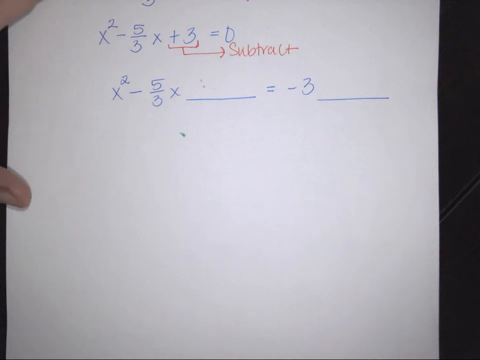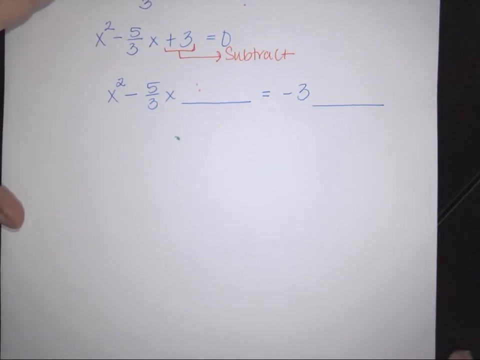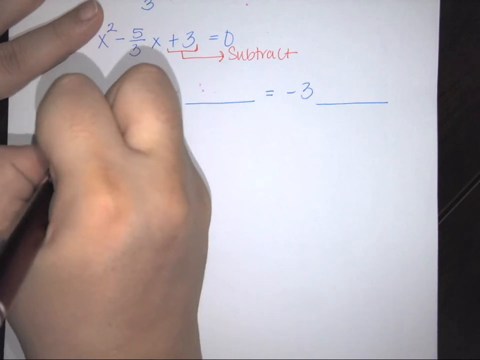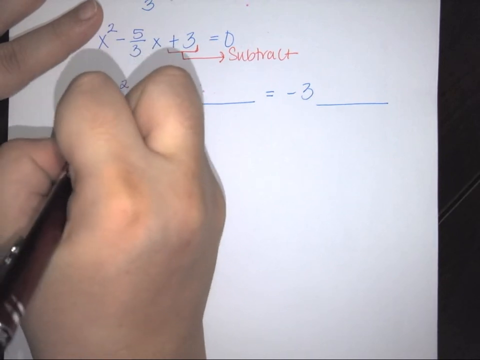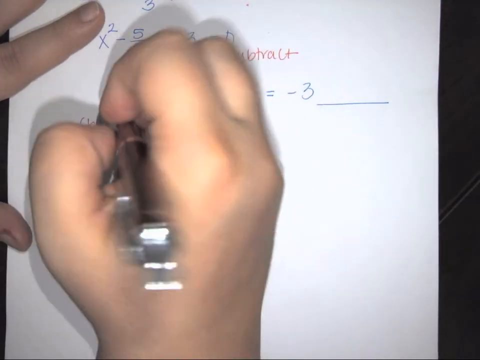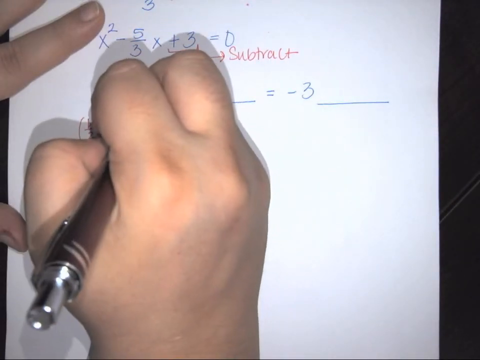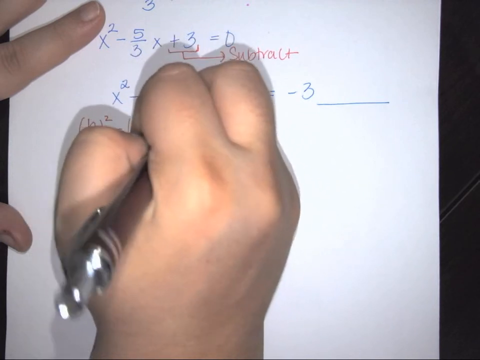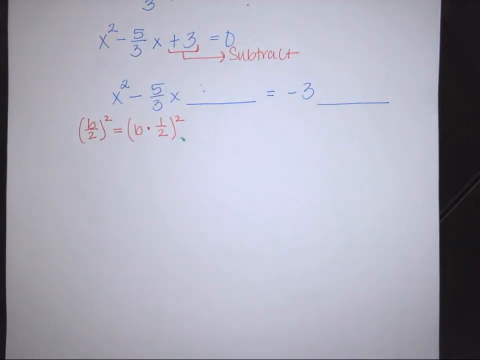In this case, my complete the square step is going to look a little bit differently. I know that I have to do b divided by 2 and square it. But instead of dividing by 2, I can also simply do b times 1/2 and square it.